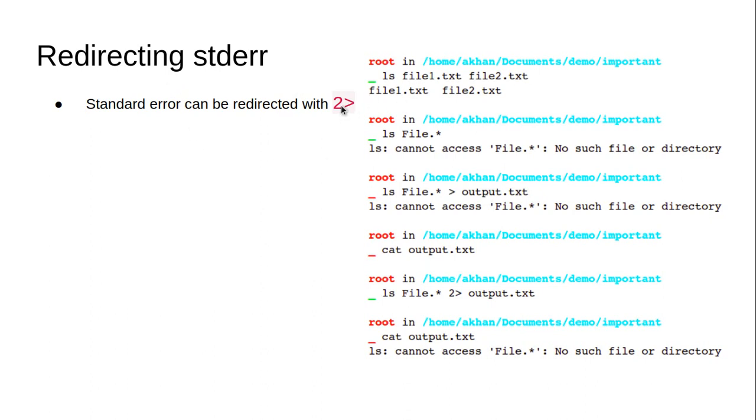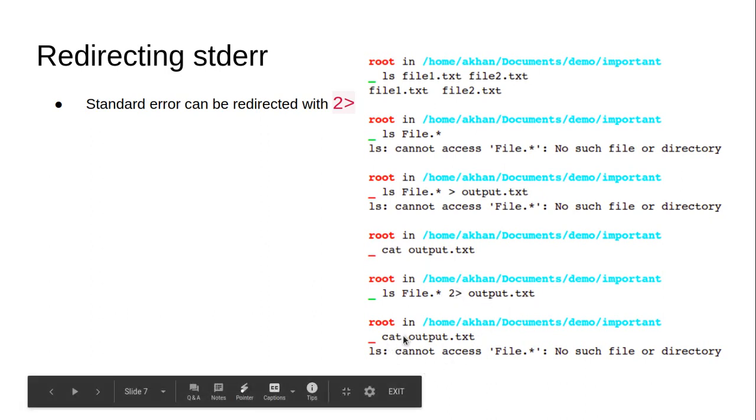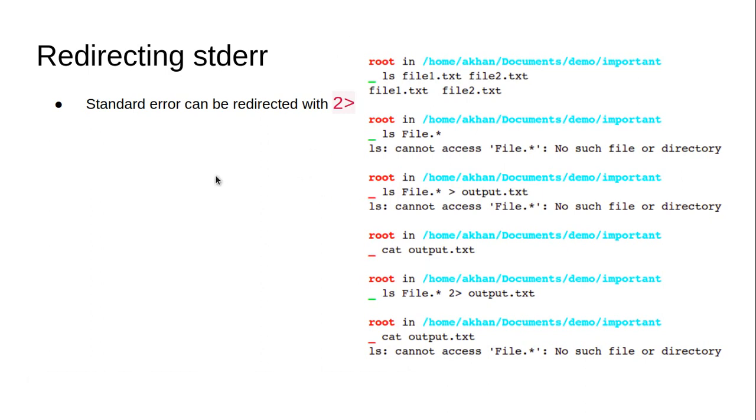This way we can redirect the error. 2 is the standard error, and here we are already encountering the error, no such file or directory, and now we are redirecting this error to the output.txt file. Now the content of the file is the error, no such file or directory. This way we can redirect a standard error to a file, or it can be redirected to some other location.